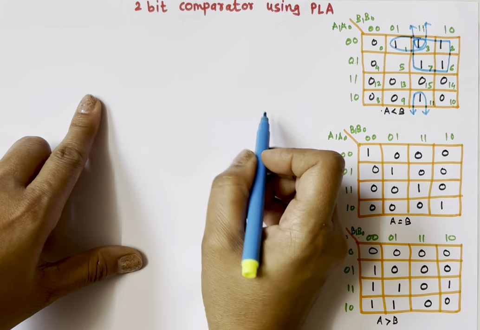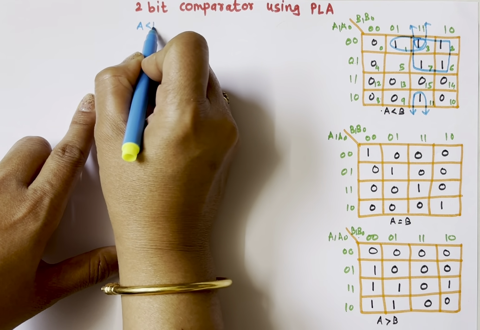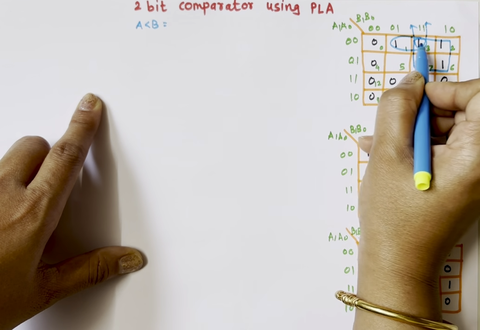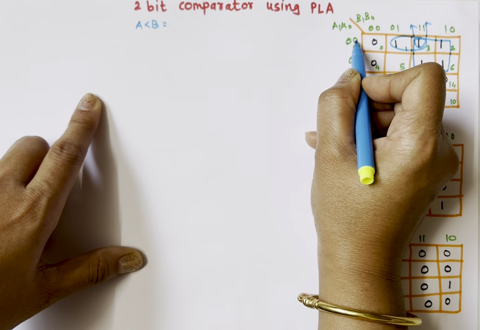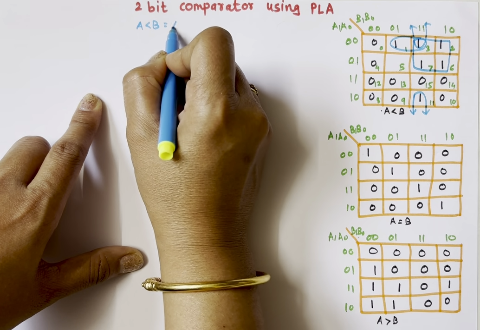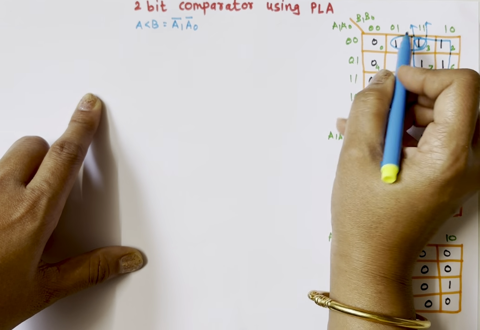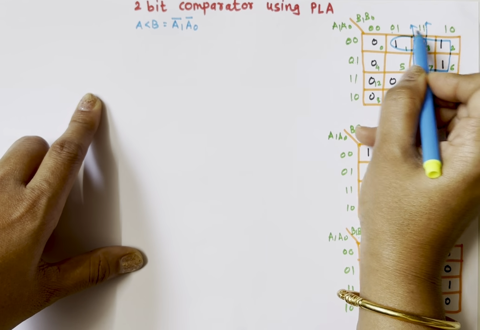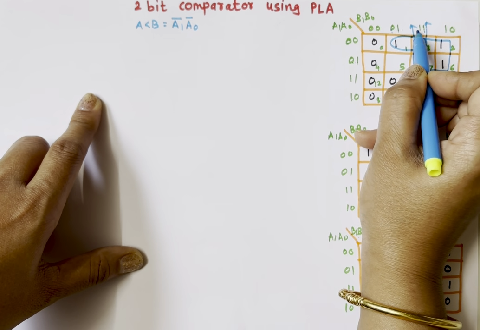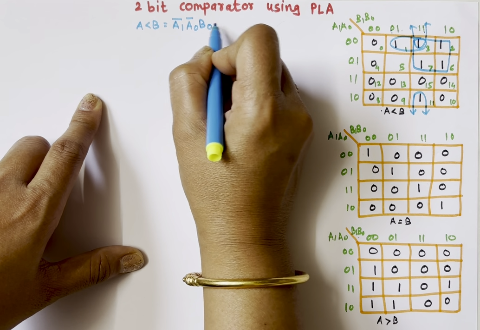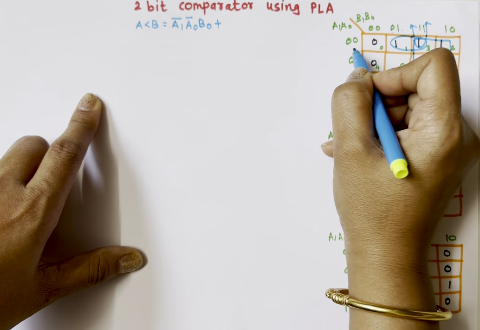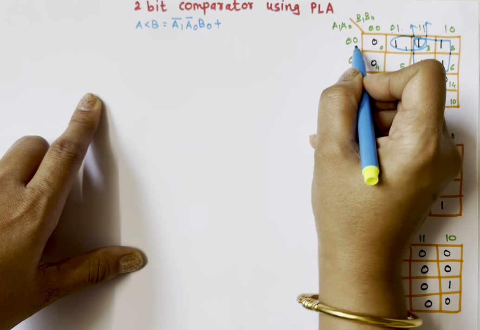And here I'll write equation for A less than B. For this pair, A1 is 0, A0 is also 0. So A1 bar, A0 bar. And here B0 is 1. B0 is common. So B0 plus, for this quad, here value of A0 is different. A1 is 0.